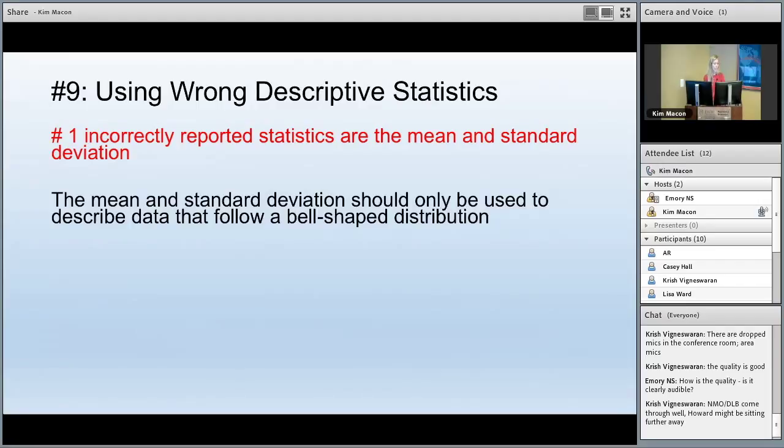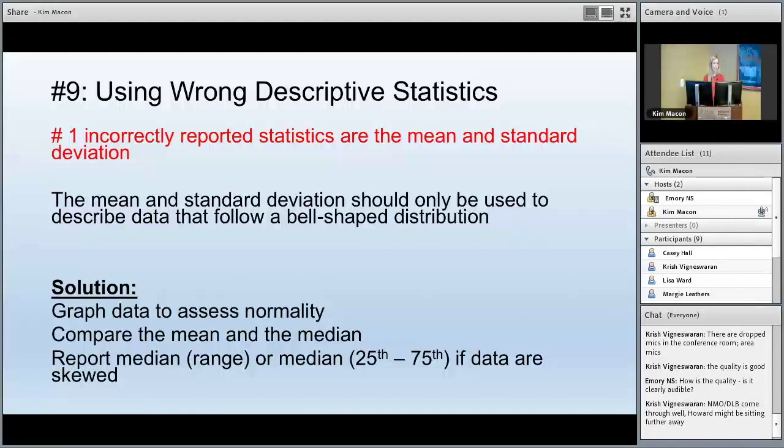Well, the mean and the standard deviation only represent measures of central tendency and spread when you have a nice bell-shaped curve. Most biological data does not follow this nice bell-shaped distribution. So again, the solution is easy. Graph your data to assess normality. Compare the mean and the median. If they're way off from each other, chances are your data are not normally distributed and you should be reporting the median.